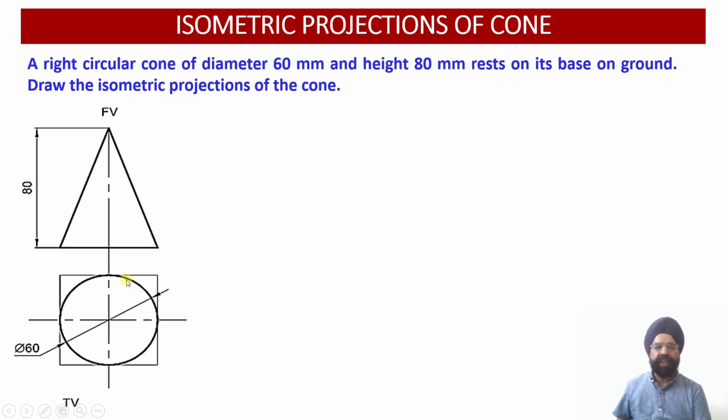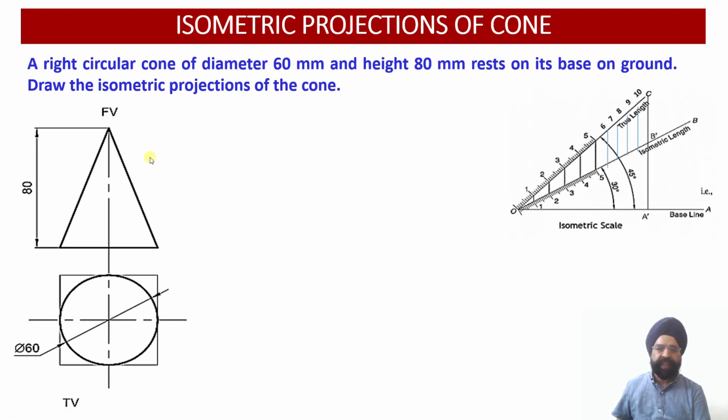The diameter of this cone is given to us as 60 millimeter, and in the front view we will be able to get the 80 millimeter as the axis height, and this triangular shape will be the front view of the cone. Now we have to draw the isometric projections of the cone. Let us start with that.